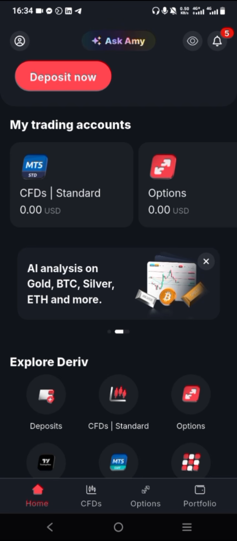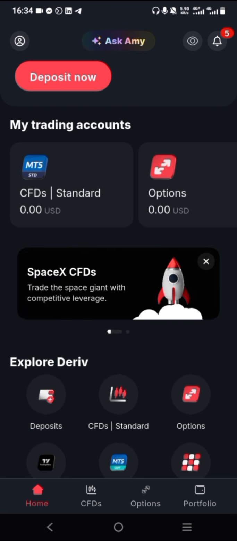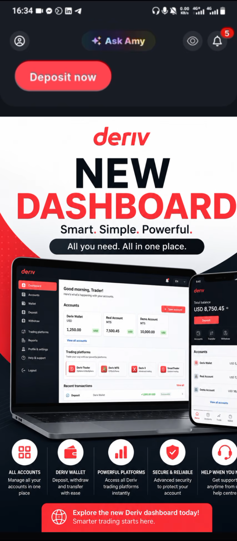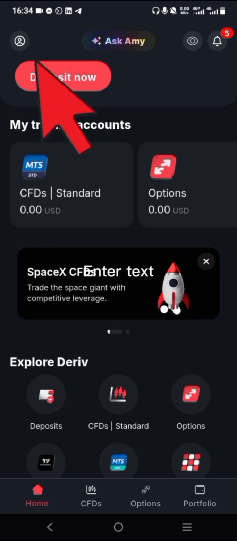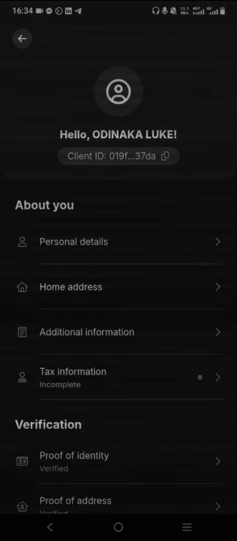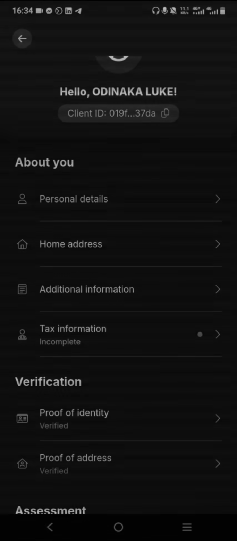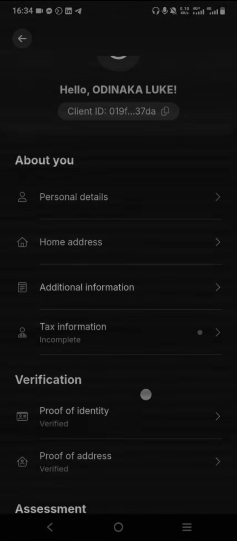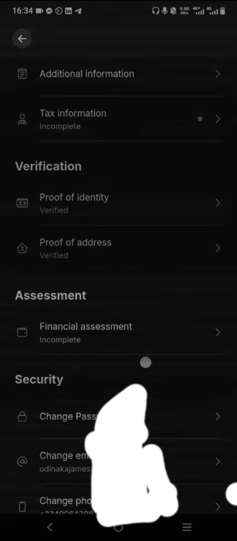So let's dive into today's topic on the Deriv dashboard. If you look at the upper layer, next to deposit now, you will see a white icon. It's the personal profile, where you will see your personal details, home address, additional information, tax information, and verification.